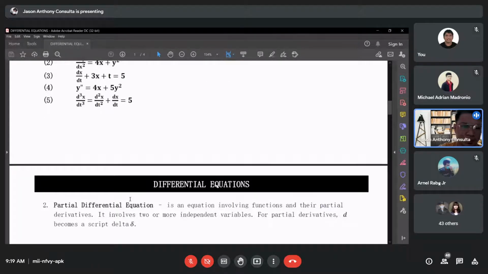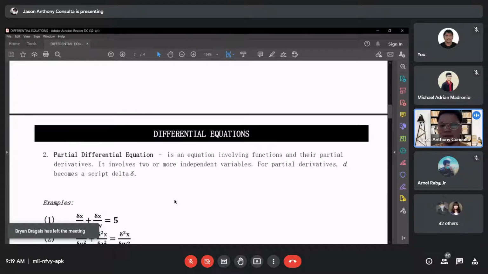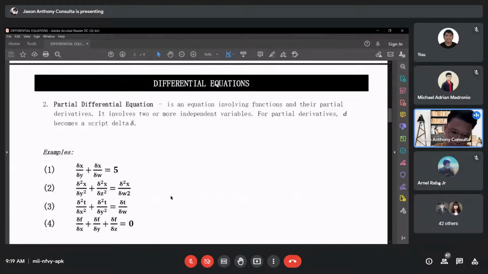How about this one? Partial differential equation. So it is an equation involving functions and their partial derivatives. Natatandaan pa ba yung partial derivatives? Ginagamitan natin ng script na delta or d. Pwede rin yung d. It involves two or more independent variables. So ganito siya class. So madali siyang ma-distinguish kasi nga yung partial derivatives, di ba?